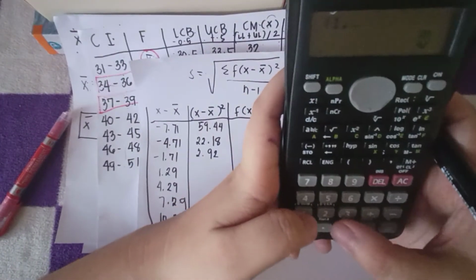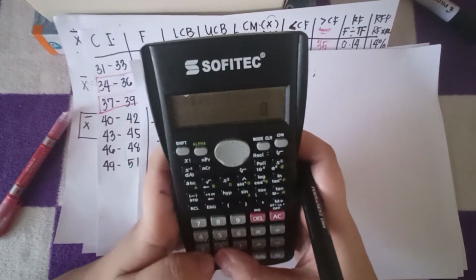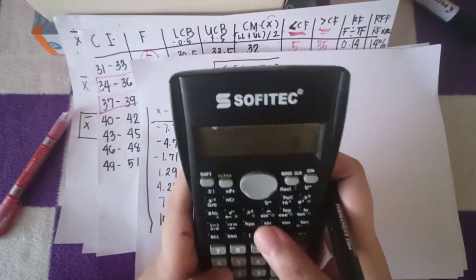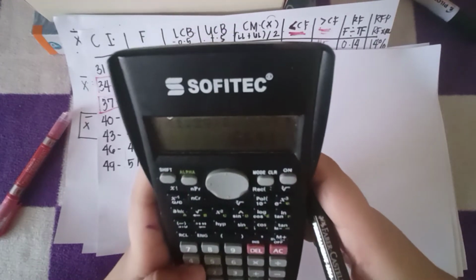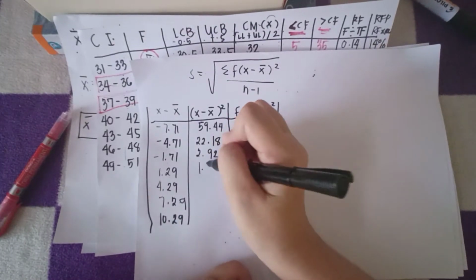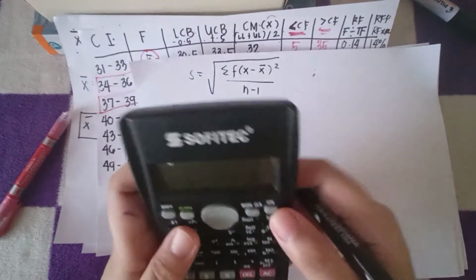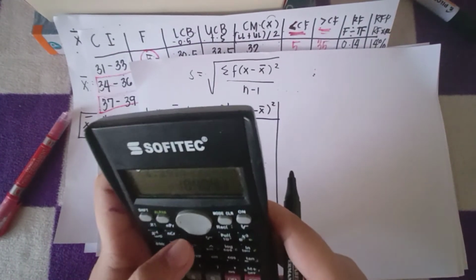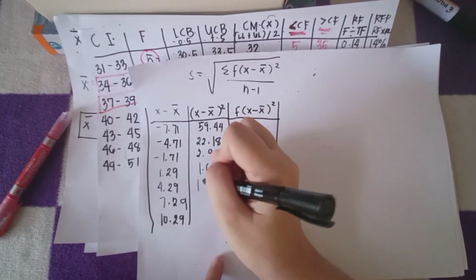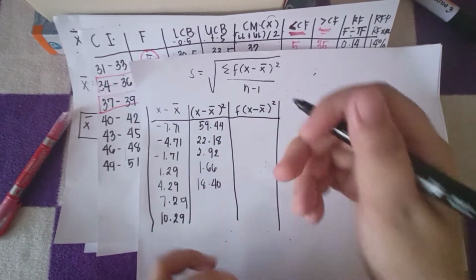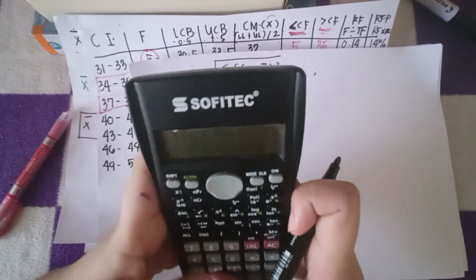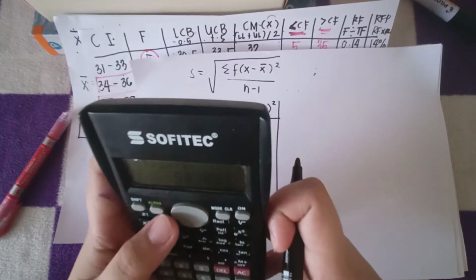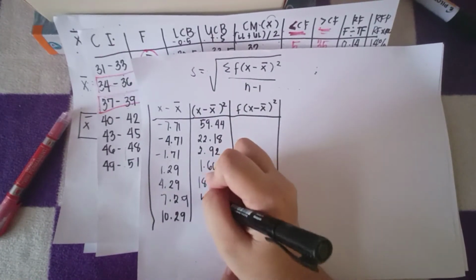1.29 squared, 1.66. Next, 4.29 squared, 18.40. Next, 7.29 squared, 53.14.